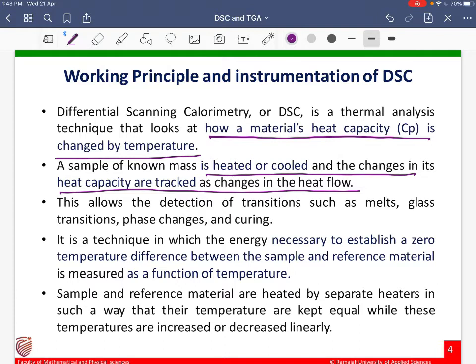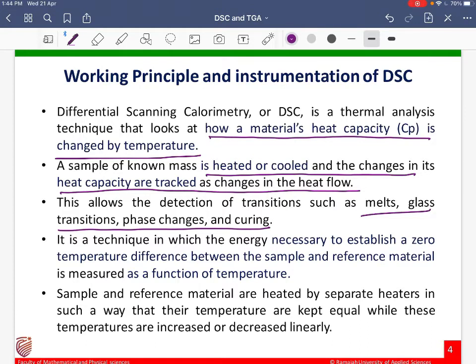If there is, then a heat flow will definitely be happening. With the help of the heat flow change, we can tell the thermal characteristics of that material. This allows the detection of transitions such as melts, glass transition, phase changes and curing.